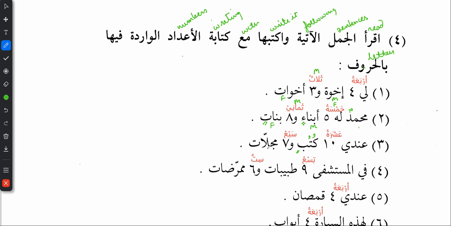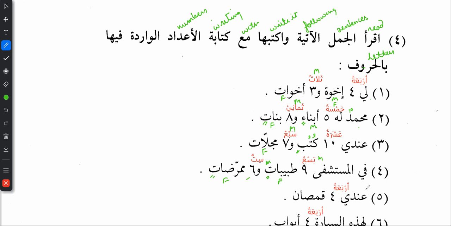So majallat is feminine, our number will be male. سبع, 7. في المستشفى 9 طبيبات. So this is feminine, we have a male number. تسع وداش ممرضات. Nurses, this is feminine, so this will be male. ست, this is number 6.